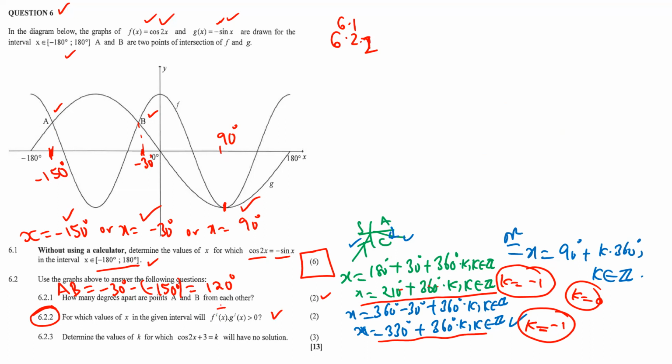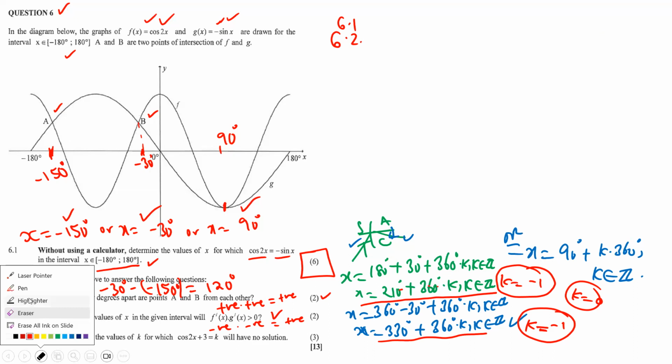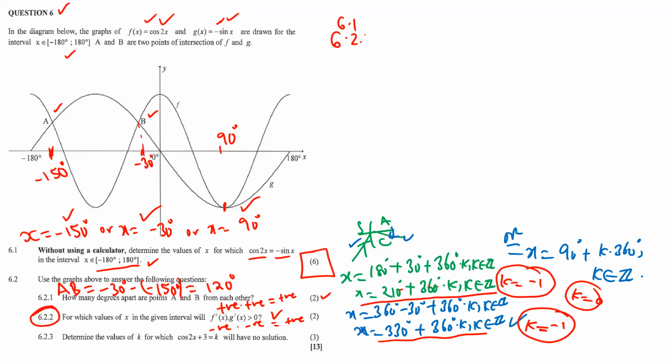So you have a positive slope, positive times positive gives a positive. Negative times negative gives a positive. So 6.2.2.